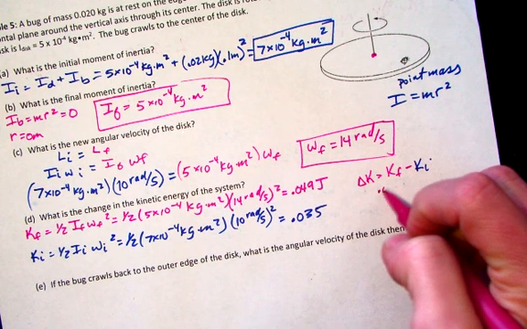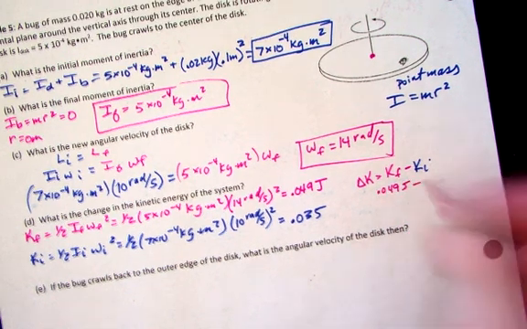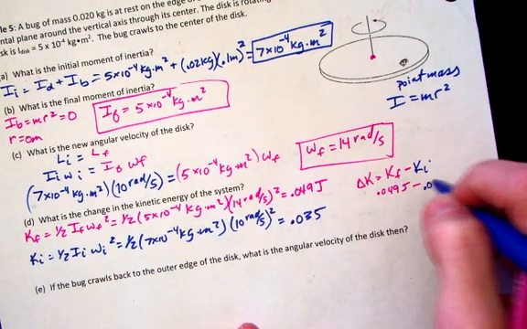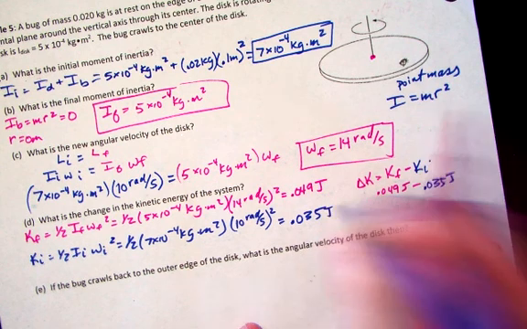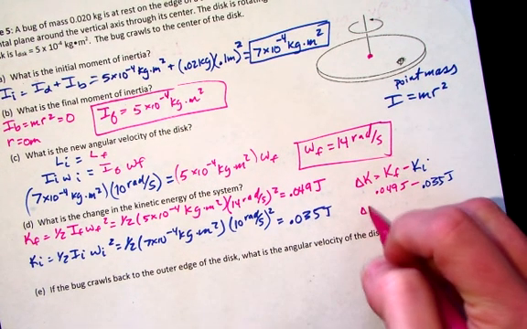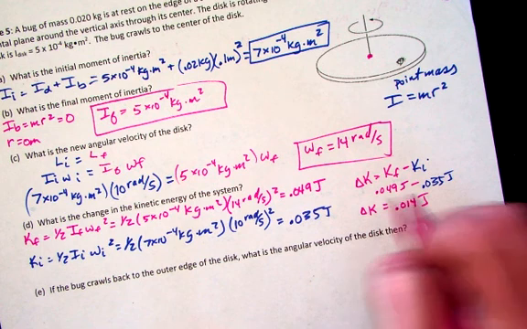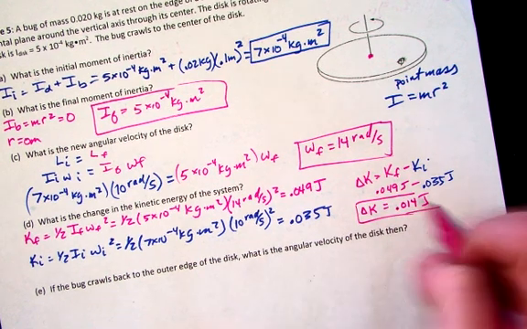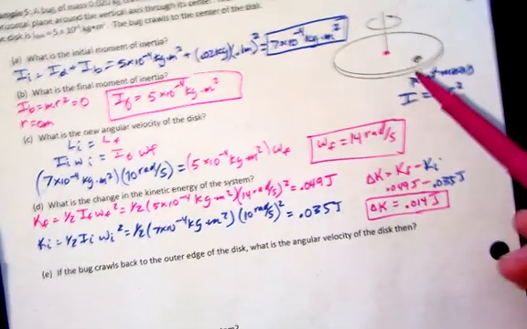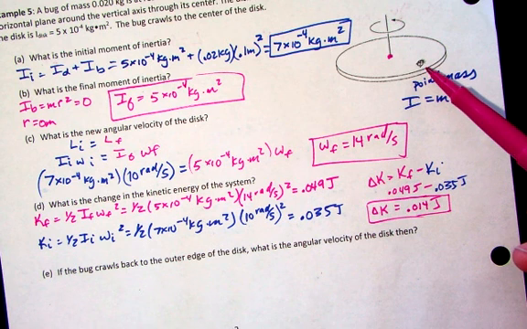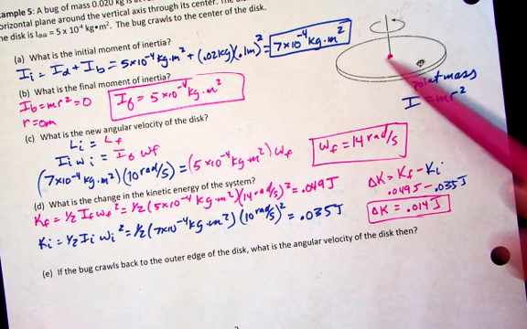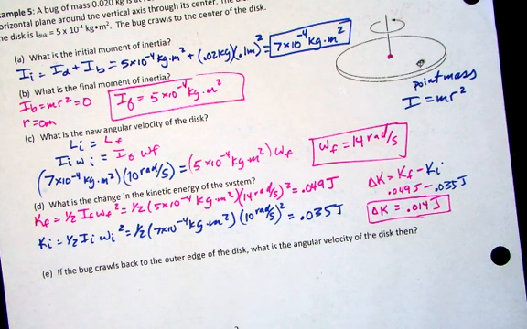So that's 0.049 joules minus 0.035 joules. And so for that change in kinetic energy, we end up with a positive 0.014 joules. Now, obviously, we're not looking at a huge amount of change here because our bug's pretty small. So any work that's being done for it to walk from the outside to the center is going to be a small amount of work, so that transfer of energy is not going to be quite as big either.